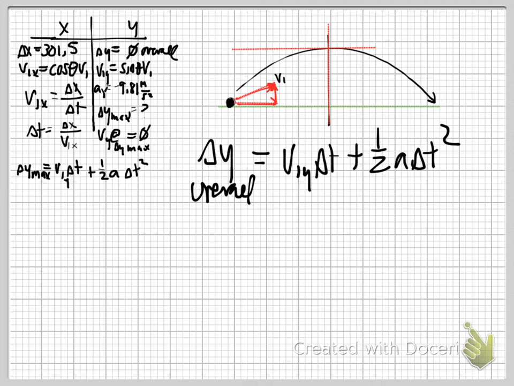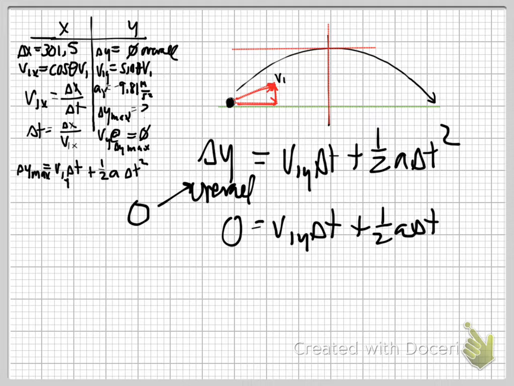Now, there's something you can do because overall this ball is hit at ground level and it returns to ground level, which means that this is 0. Which means that 0 equals viy delta t plus 1/2 a delta t squared. Which means you can do the following weird freaky thing. Negative viy delta t equals 1/2 a delta t squared.